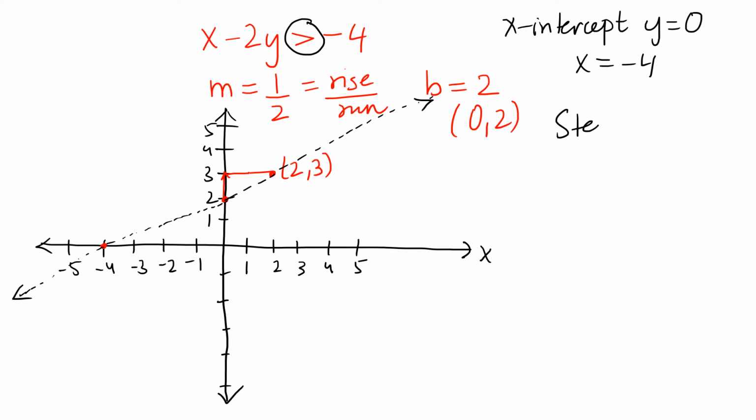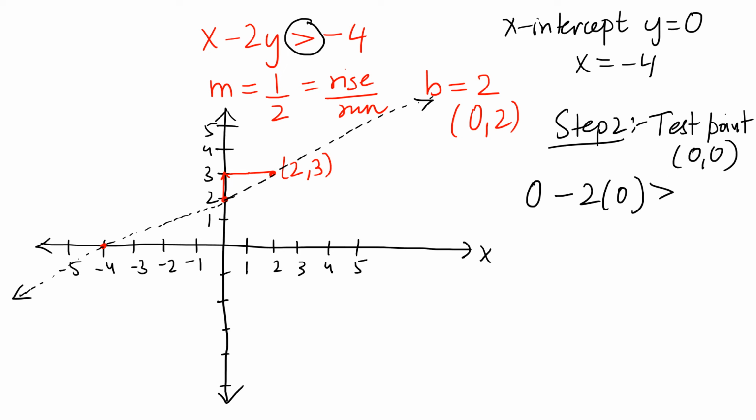Now we need to go to step 2 of the question and use the test point. So the test point that I'm taking here is the same, 0, 0. Put that in the equation. So 0 minus 2 times 0 is greater than minus 4. So 0 is greater than minus 4, which is true. That means my point 0, 0 is a part of the solution.